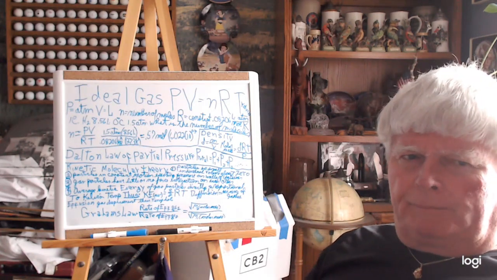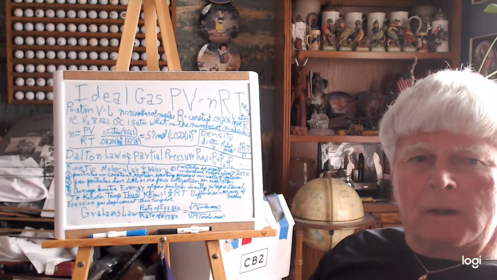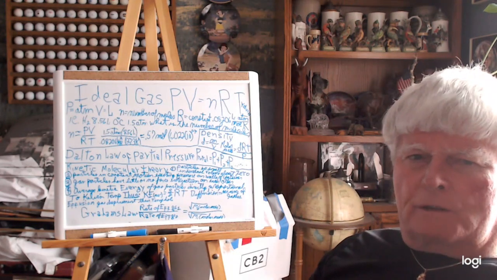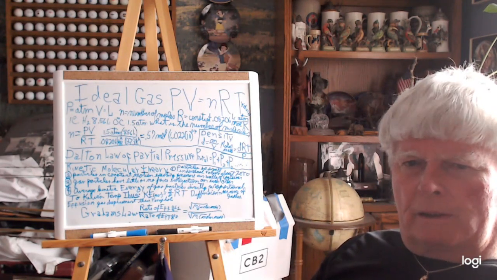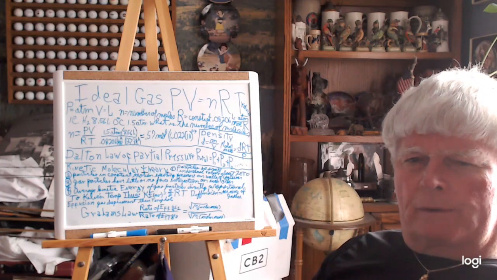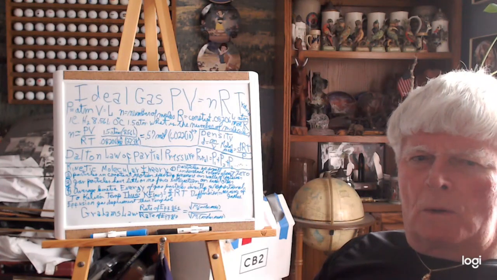Today, for section 2, we are going to talk about the ideal gas. The ideal gas law is PV equals nRT. Pressure, obviously, is in atmospheres, volume is in liters. Little n always indicates the number of moles.